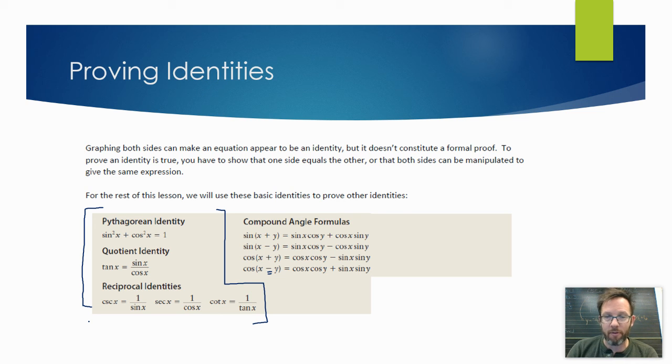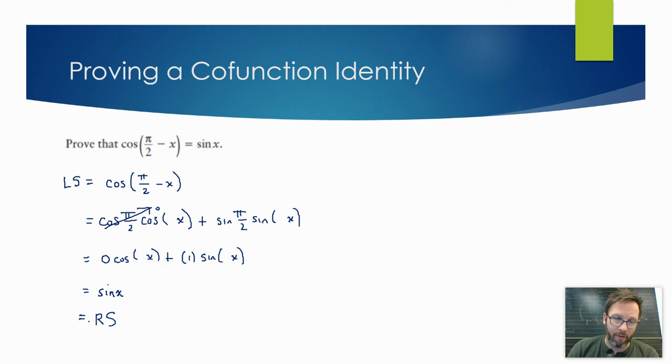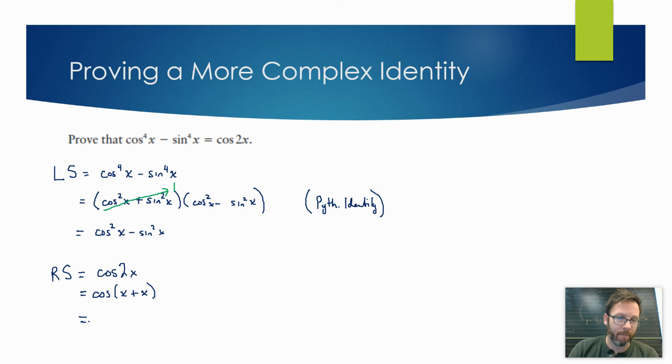Don't know many people that do. Just reference them when you need them. So it's cosine cosine minus sine sine. That's cosine x times cosine x minus sine x times sine x. Hey, wait a minute. That's equal to cosine squared x minus sine squared x.